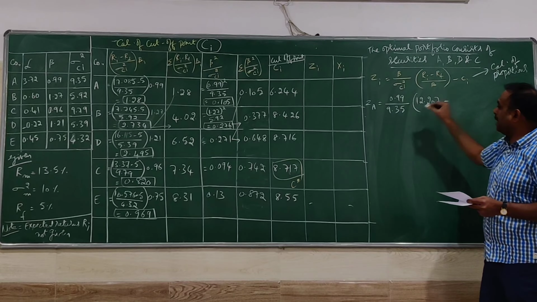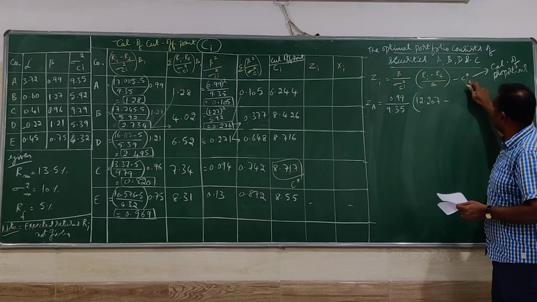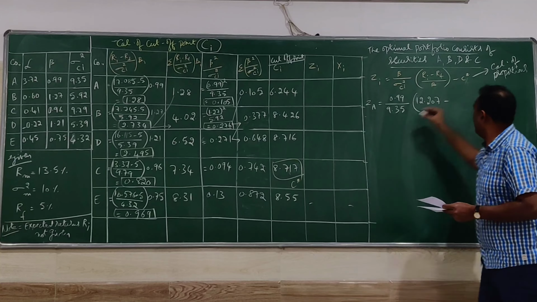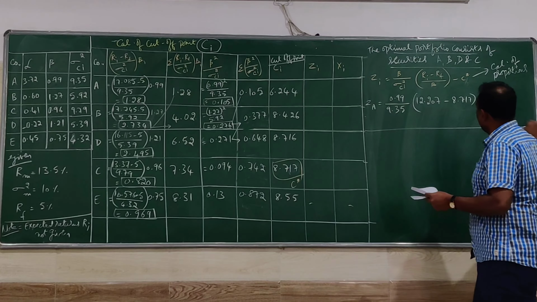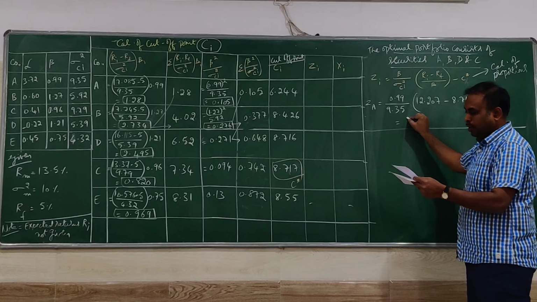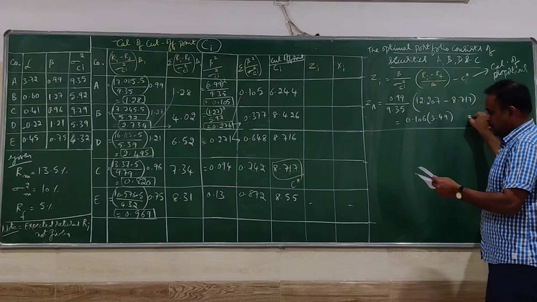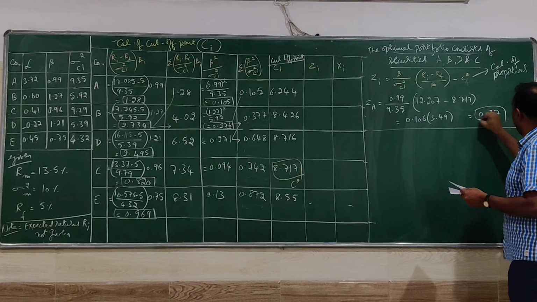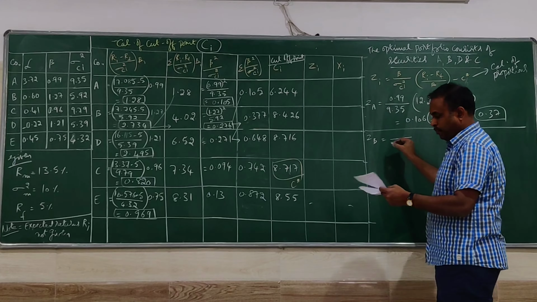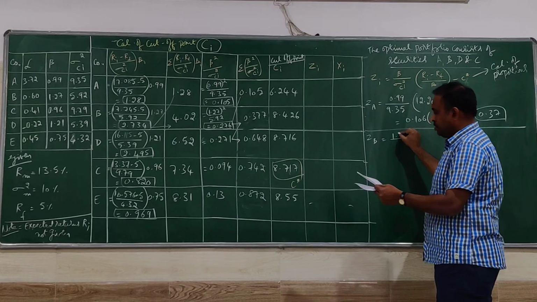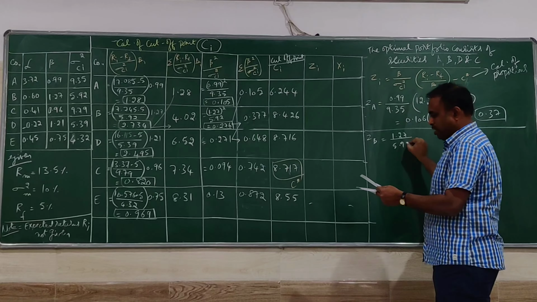So 12.207 minus the C star. Here we can go for the C star. The C star is 8.717. So when you simplify, you are going to get 0.37. Next for ZB, beta is 1.27 divided by 5.92.